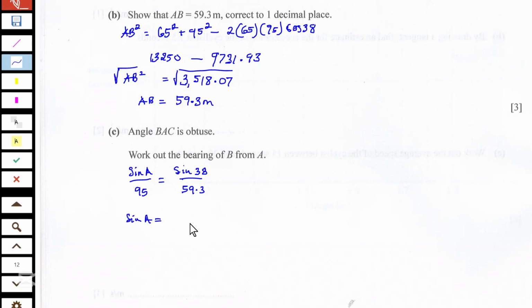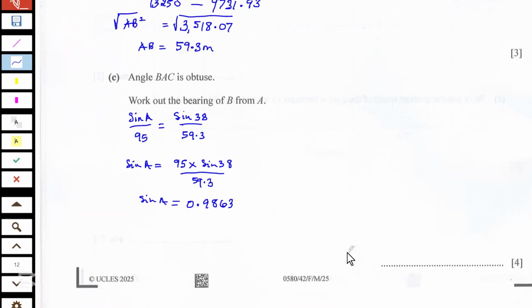If you cross multiply this to make sine A the subject, it becomes sine A equal to 95 times sine 38 over 59.3. So sine A is going to be equal to 0.9863, using your calculator to multiply 95 by sine 38 and then divide by 59.3.